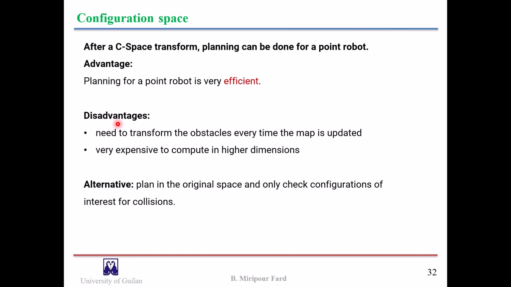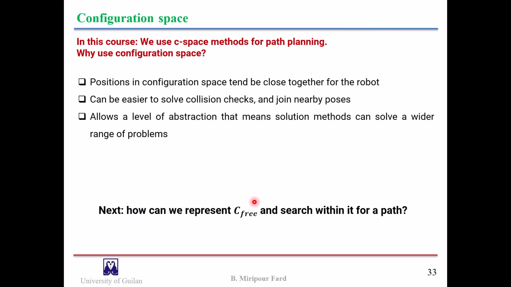The alternative approach is to plan in the original space, namely the workspace, and only check configurations of interest for collisions. In this course, we use C-space methods for path planning.